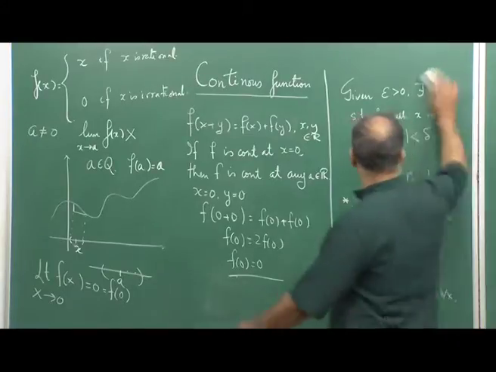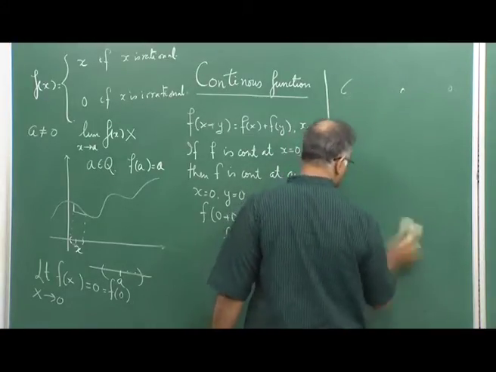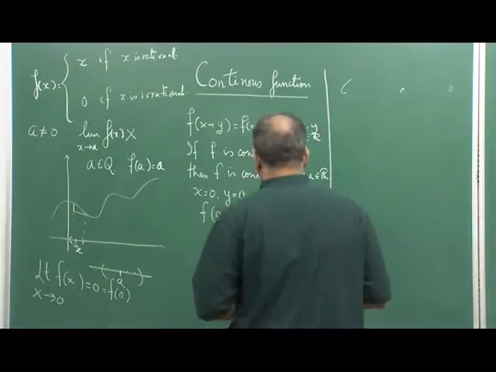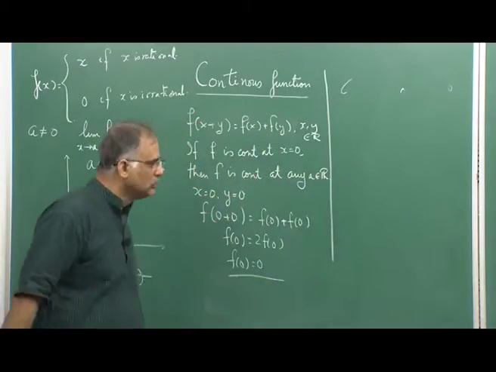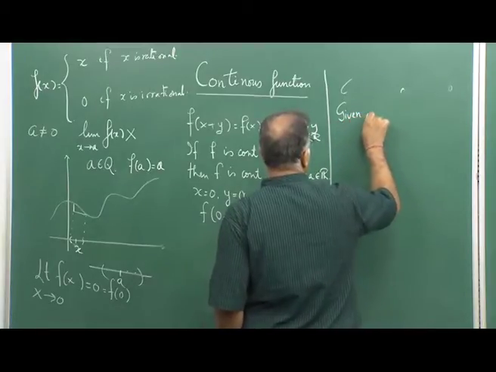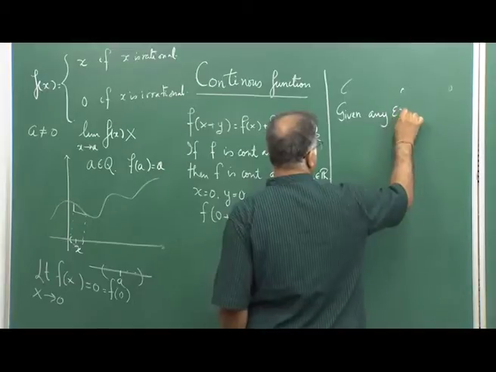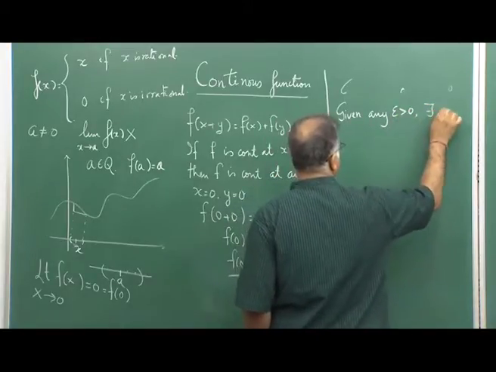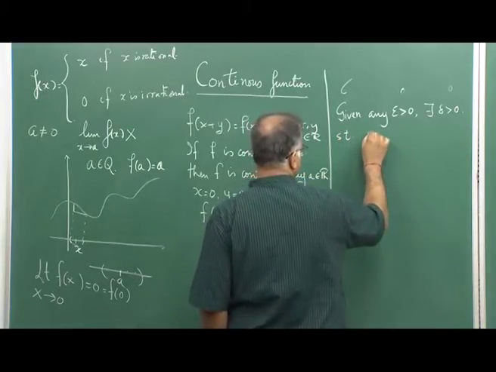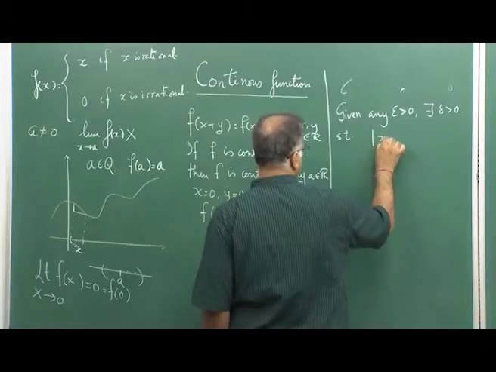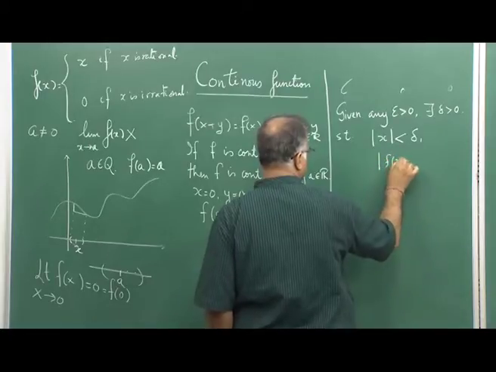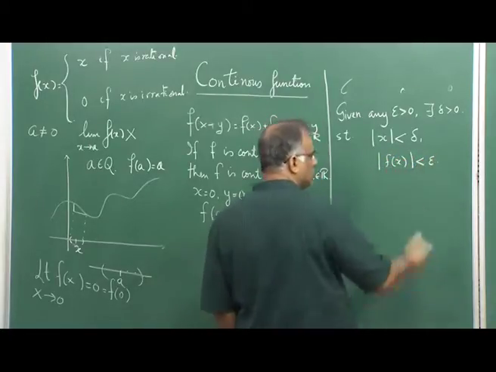Secondly, so what do you mean by continuity at 0? It means, so given an epsilon greater than 0, there exists a delta greater than 0 such that whenever this holds, |f(x) minus f(0)|, which is |f(x)|, is less than epsilon.